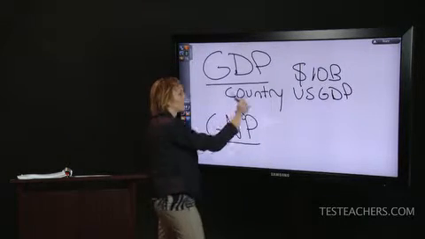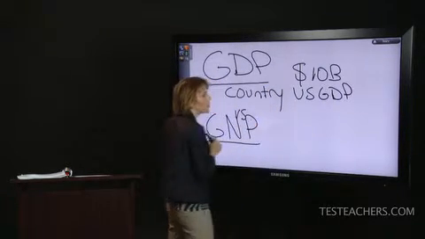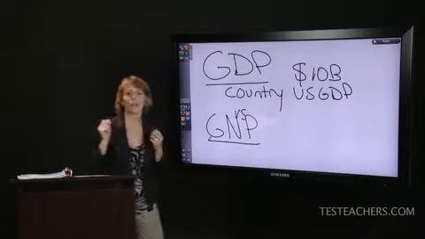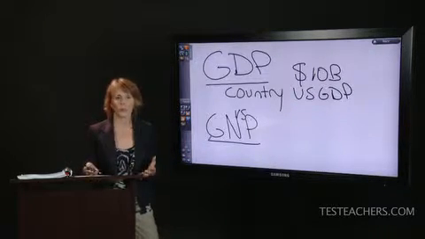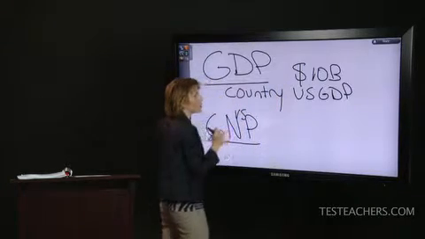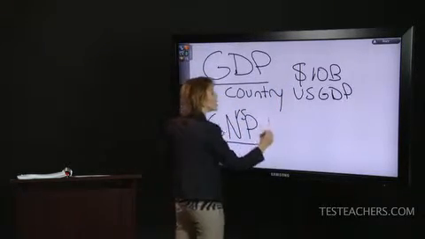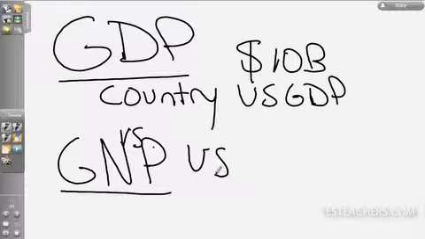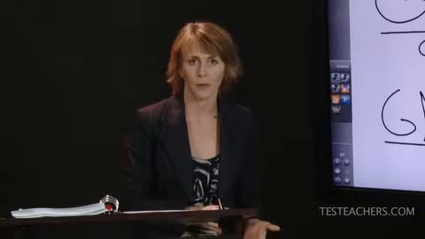So we said that this $10 billion is included within the United States GDP. We have the largest GDP in the world. The question is, is this $10 billion included within the United States GNP? So this is of the citizens of the country. So the $10 billion is not included within the United States GNP.